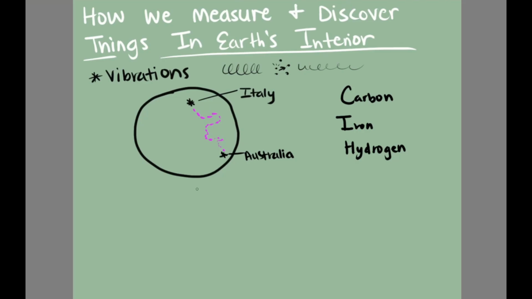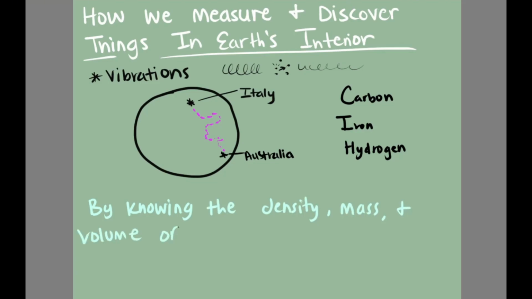So if we were to summarize this into a sentence, we might say something along the lines of, by knowing the density, mass, and volume of elements, we can know what is in the Earth's interior.